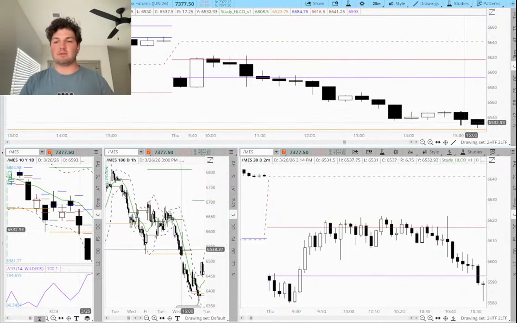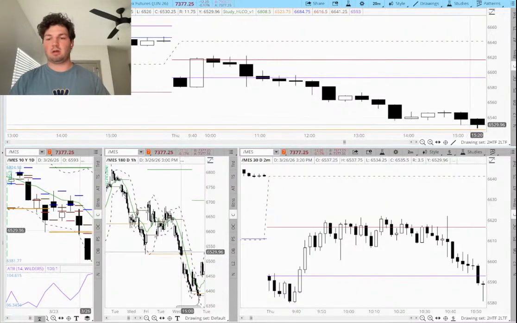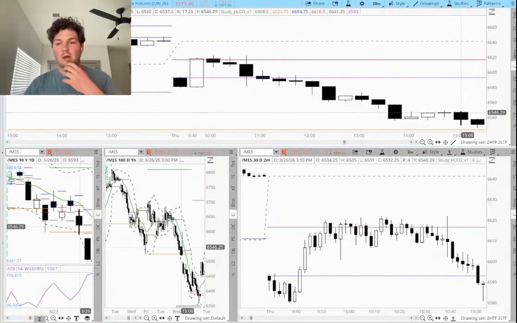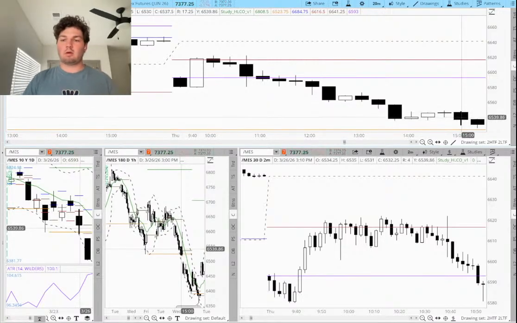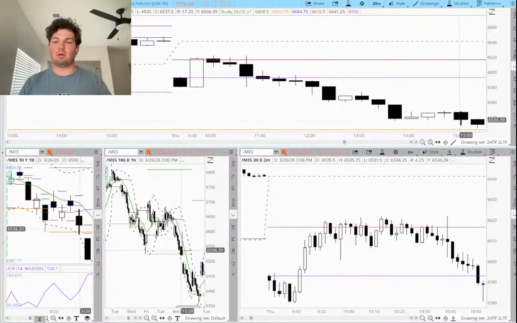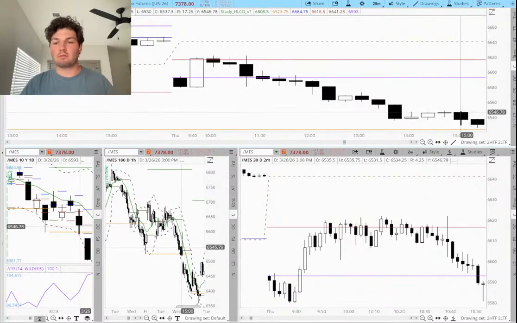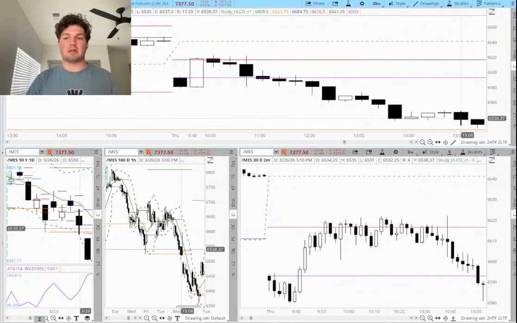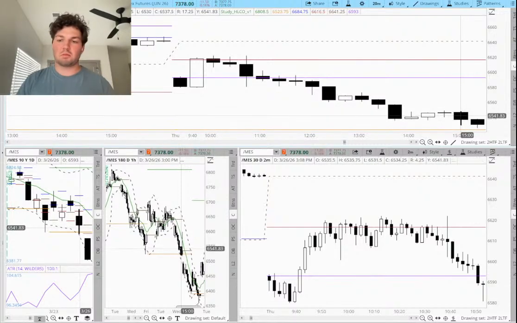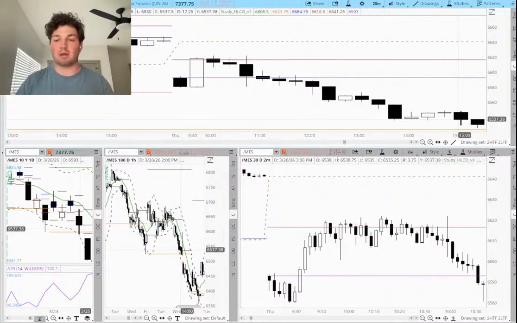Probably would add some size or something and just short it to down here. Yeah, that's probably what I'd do. 45 down to 36, make another. Yeah, that'd be a really good trade.